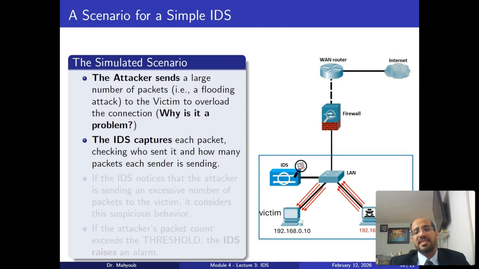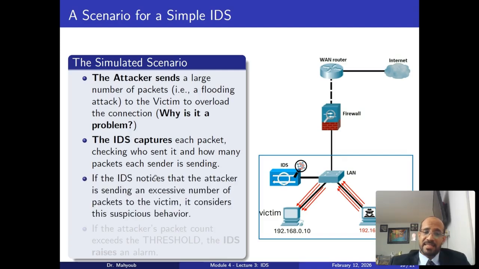So in this case, the action is done by the IDS, as we said, the guard monitoring all packets sent and received by the network. It captures each packet and checks who is sending that packet and how many packets each sender is sending. After analyzing this, if the IDS notices that the attacker is sending an excessive number of packets to the victim, it recognizes this as suspicious behavior.